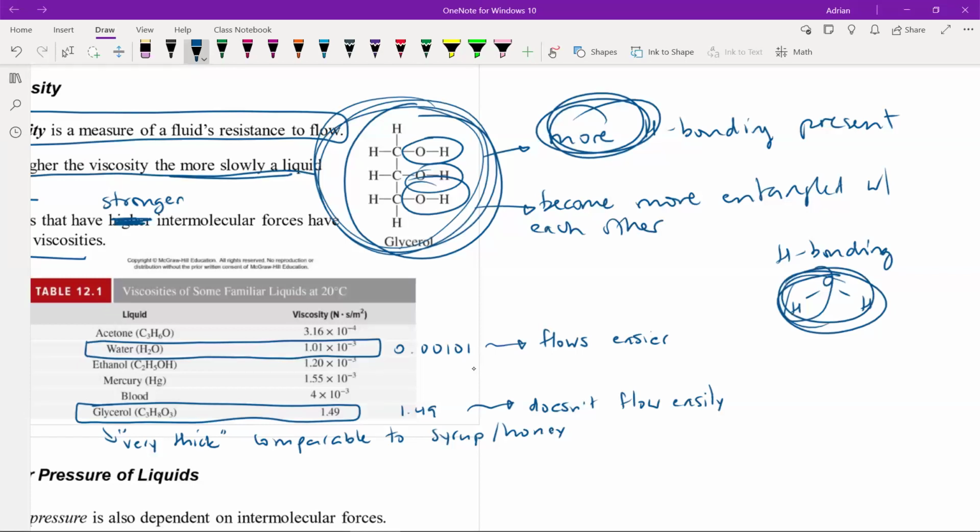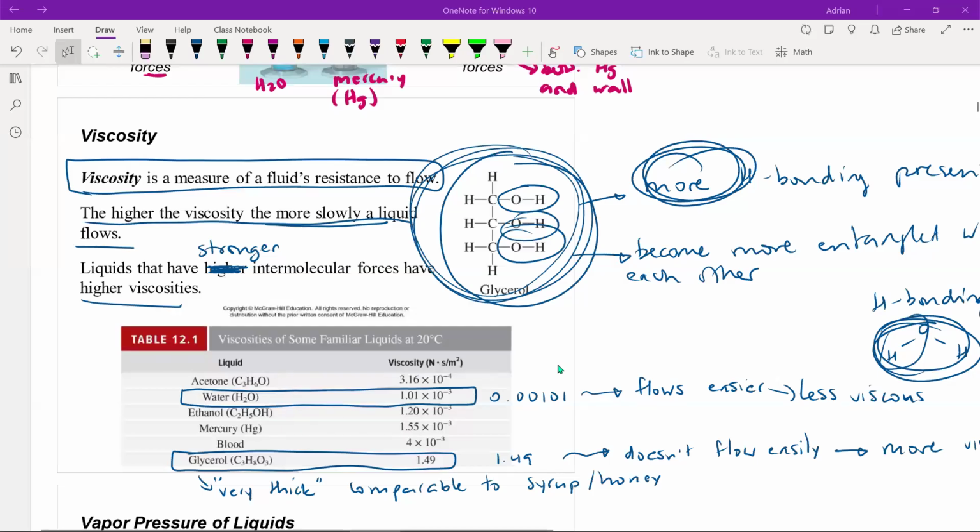It doesn't become as entangled. So with greater entanglement between the glycerol molecules and way more hydrogen bonding present, the end result is that glycerol is more viscous, whereas water is less viscous. Something that is more viscous is thicker and doesn't flow as easily. Something less viscous is a little bit smoother and flows very easily.